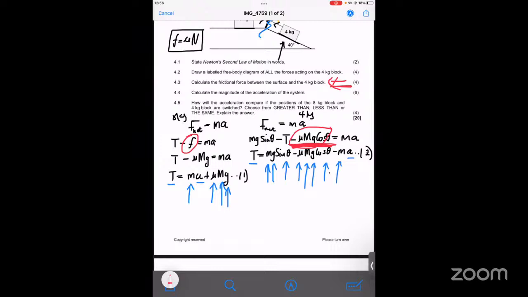Yes, okay. So now 4.5, they're asking how will the acceleration compare if the position of the 8 kg block and that one are switched. So you just need to say greater than, less than, or the same, and then what would be the reason?